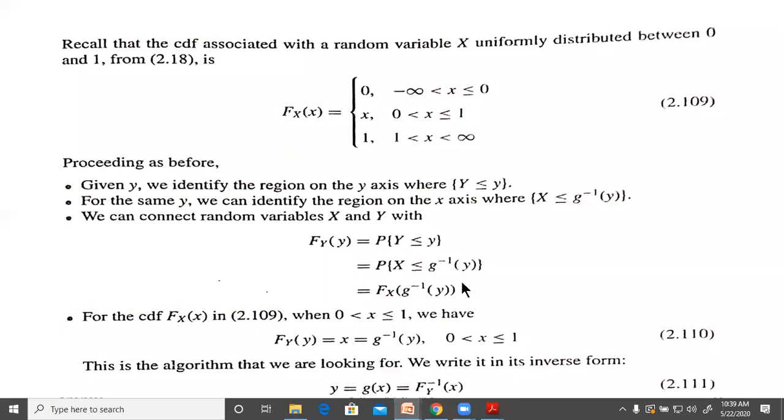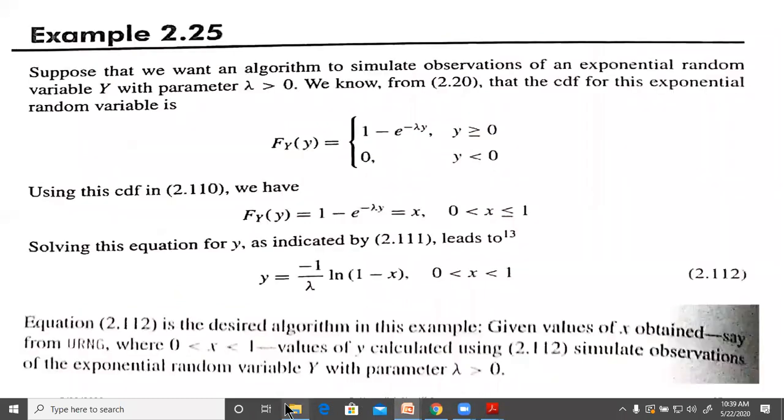So this is the algorithm that we are looking for, and we write it in the inverse form as y is equal to g(x) is equal to F_Y inverse of x. This is the standard algorithm which we will write over here.